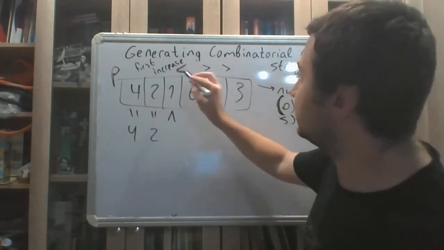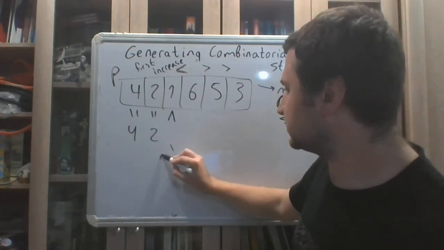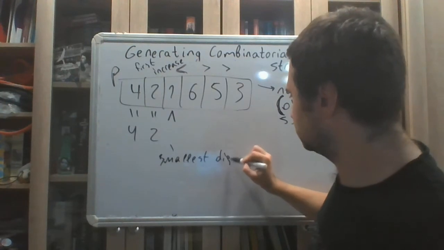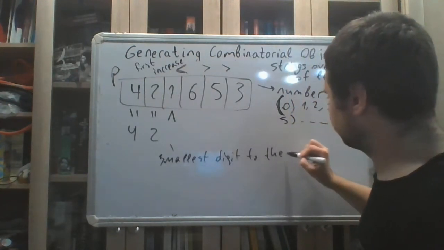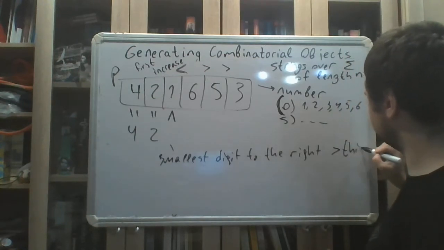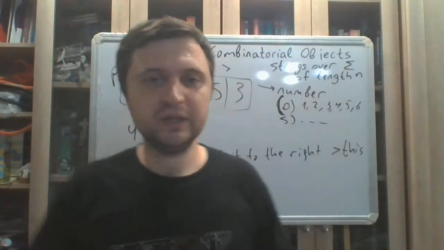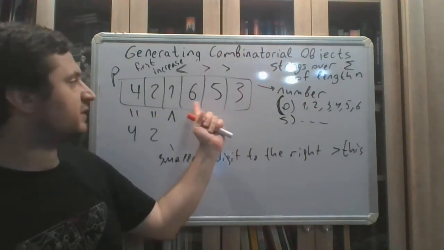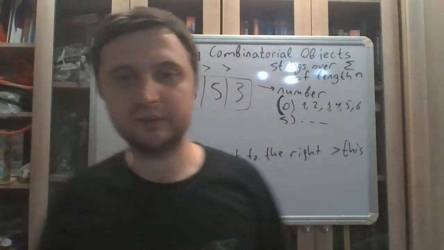And so this is the first increase, and this is the smallest digit to the right that is larger than this one. So if this one is a 1, we need a digit larger than 1, but if there are many such digits, the smallest one.